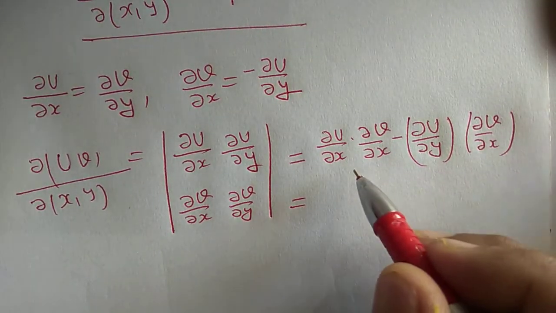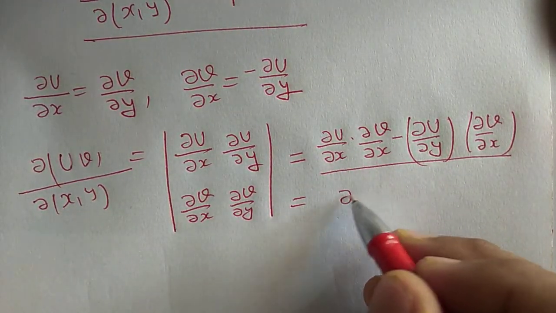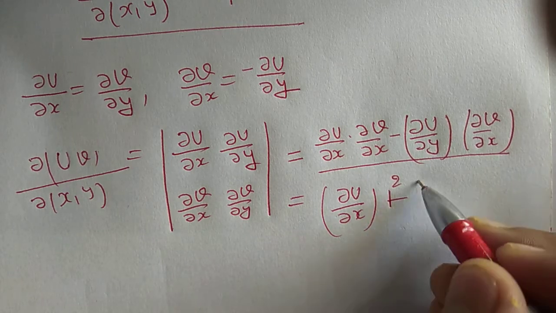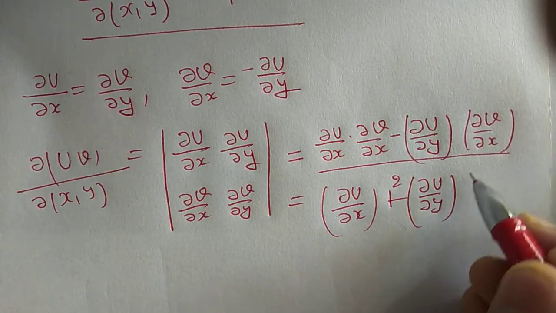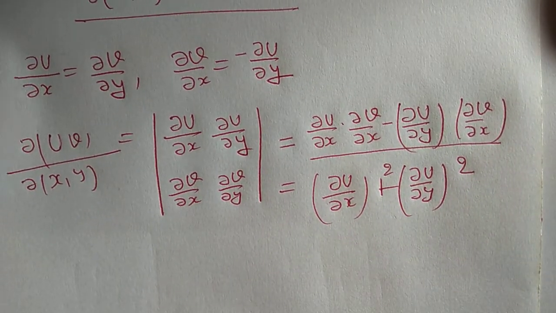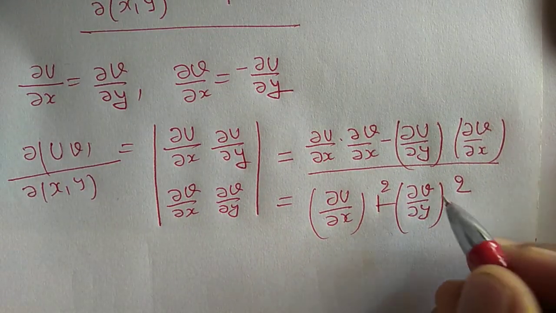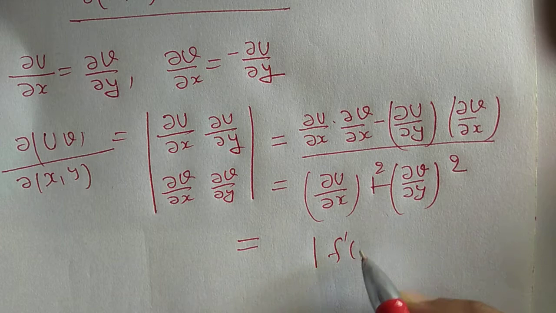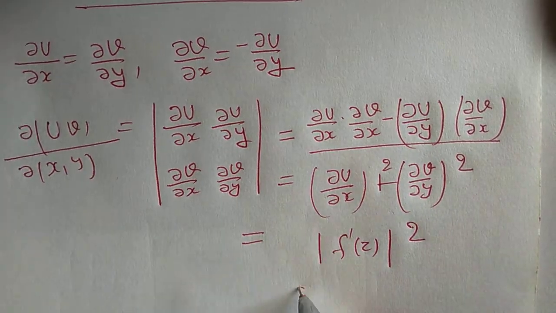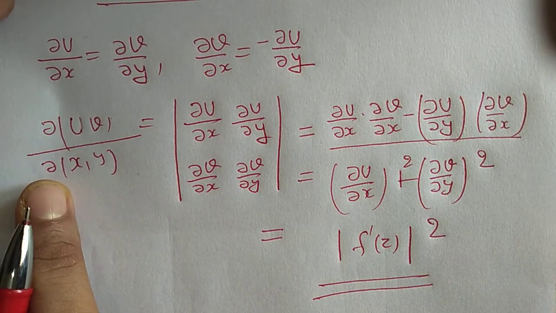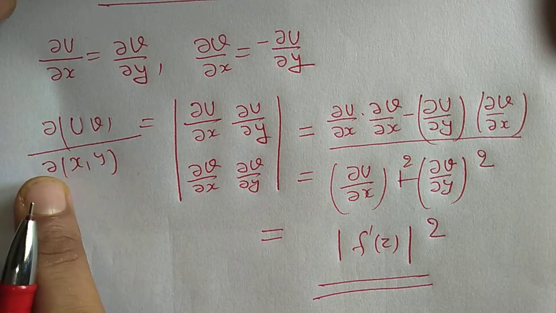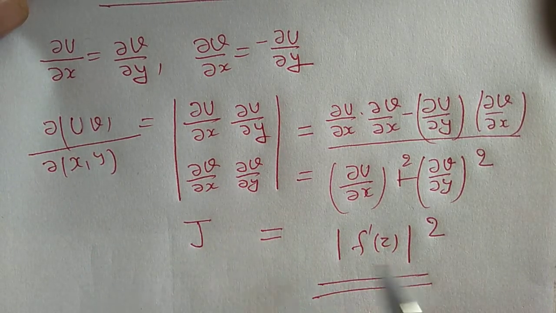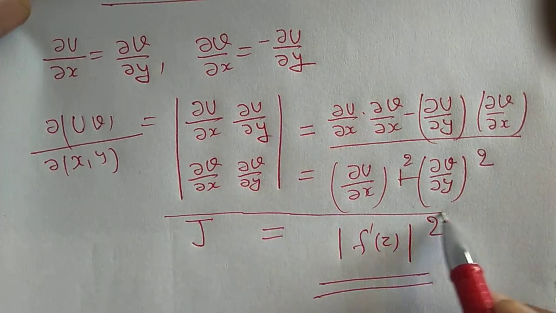Now using the CR equations, this will be del u by del x whole square plus del u by del y whole square, which we can write as mod of f dash z whole square.